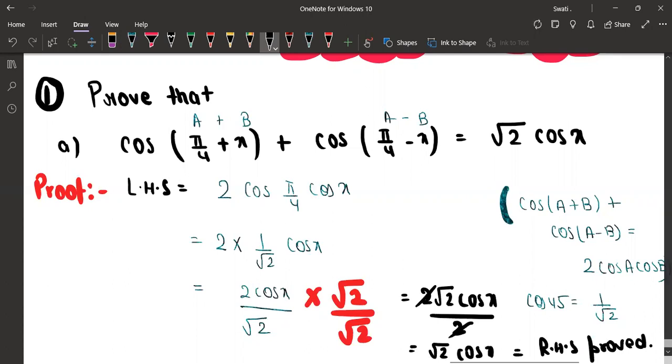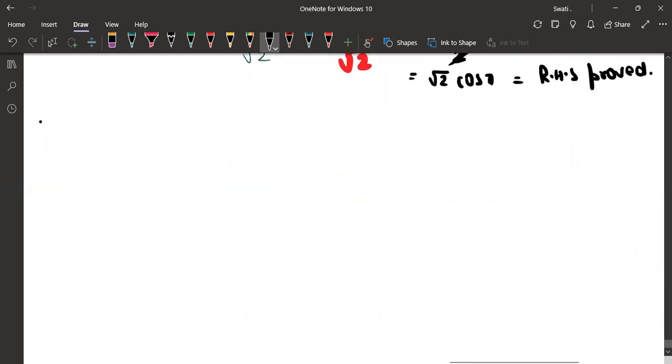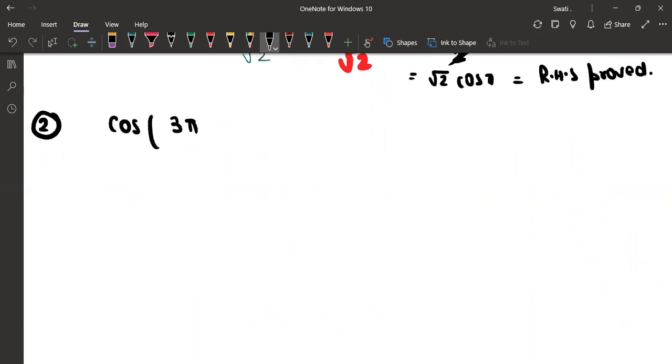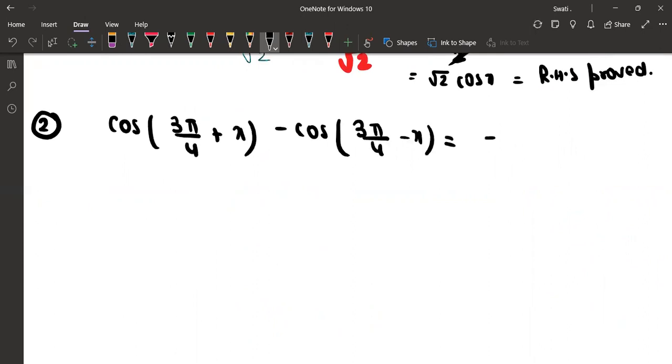Now let's go to the second question. It's again a formula based question. We have to prove that cos(3pi/4 + x) - cos(3pi/4 - x) should be equal to minus root 2 sin x.